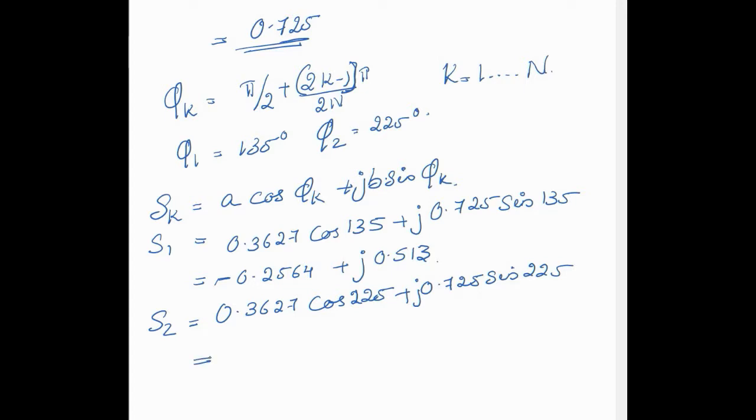Suppose you are having the third value, you have to take the third value as the third term. Which are all values are same, you have to group them, others should be separate. So you will get minus 0.2564 minus j 0.513.